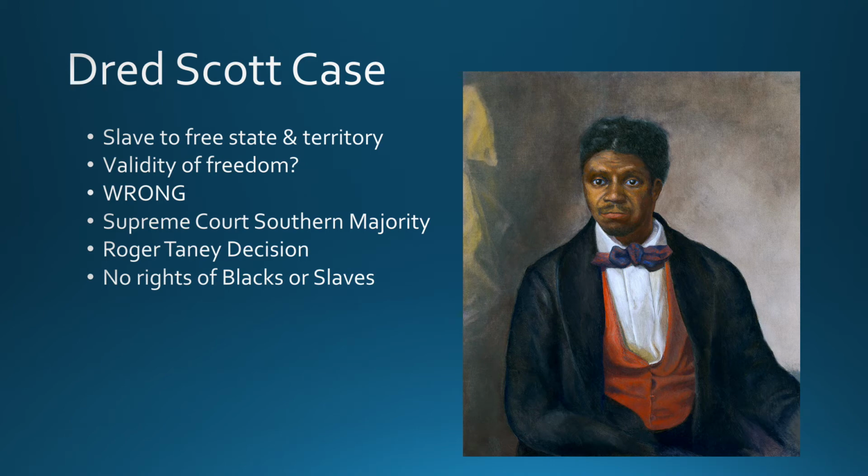So the fact that Dred Scott was even in a court suing for his freedom, Taney's going to say, no, he doesn't have the right to do that. Wow, that is extreme. Taney will also continue to say a master had the ability to move their property wherever they so wanted. So in this case, the fact that he was a slave, it didn't matter. All right, so this is also something that is problematic.